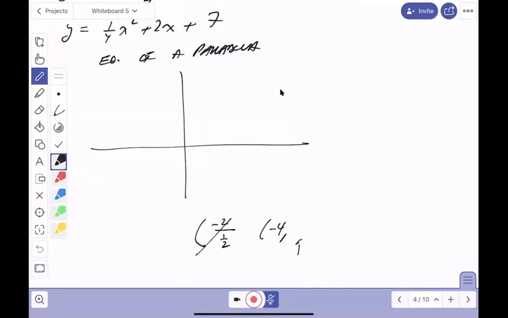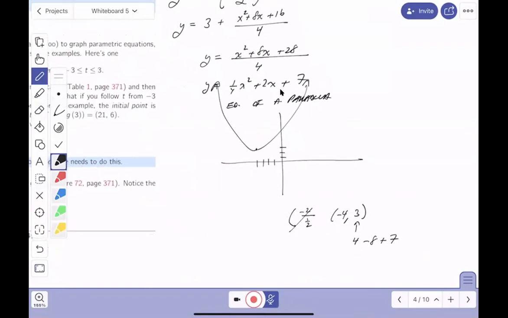Let me get the y value now. So that's going to be 4 minus 8 plus 7. That's going to be 3, right? So minus 4, 3. 1, 2, 3, 4. And how's this problem open up? Upward, like this over here. That's my rough picture. I'm done.